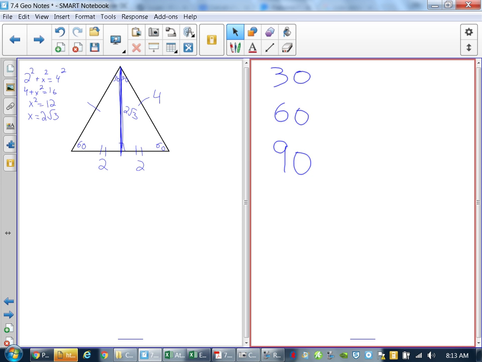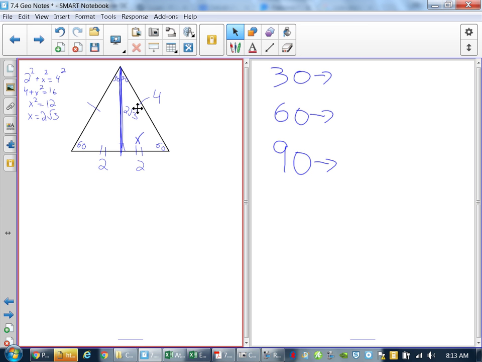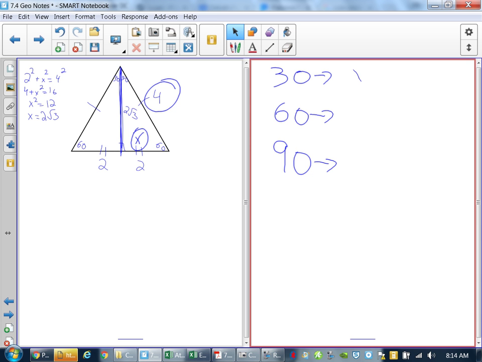Now, if I say that this value is x, if I double this, I get that side across from the 90. So if across from the 30 is some value of x, if you double it, that's what gives you across from the 90.